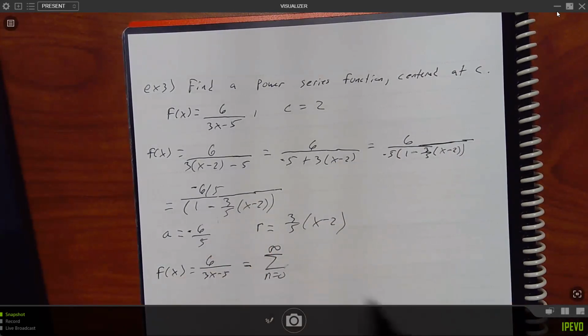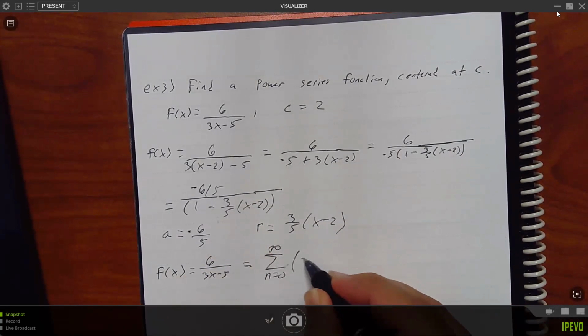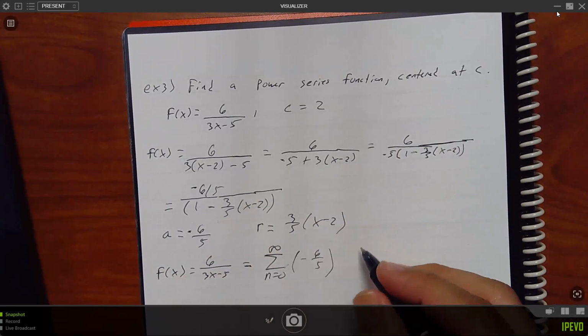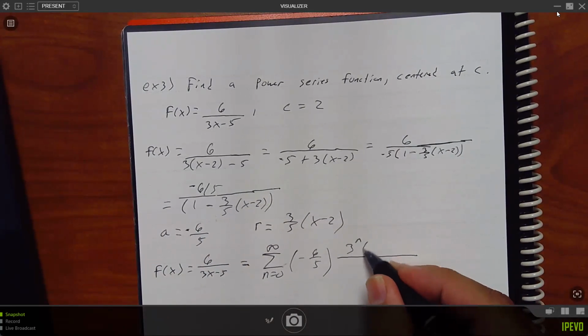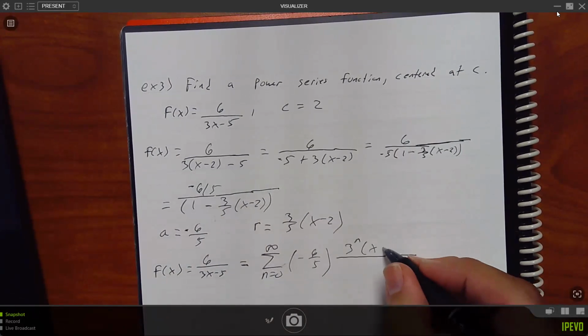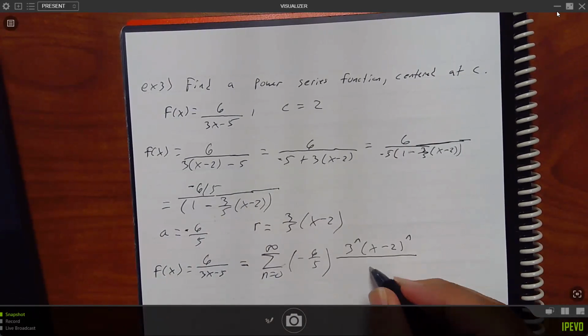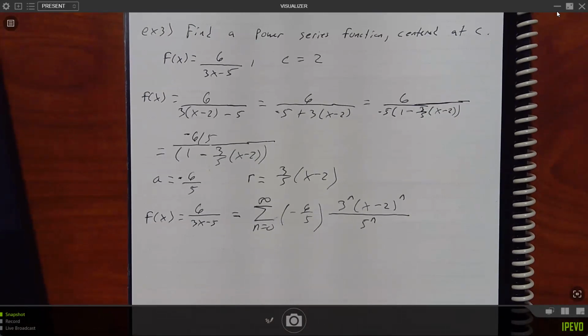Negative. On the finished expression at the top, what's the number of the fraction over there?